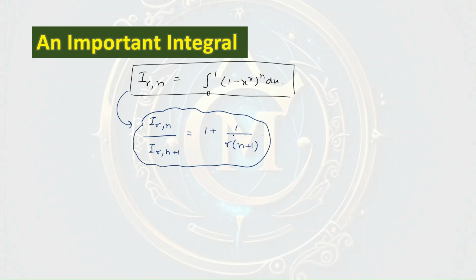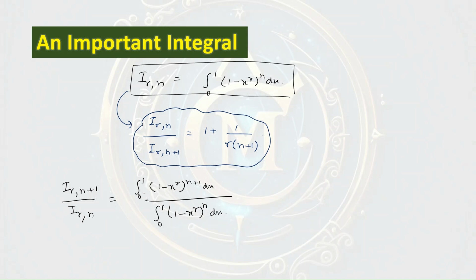Now, how will you derive this formula? The derivation is simple. You can take I of r comma n plus 1 divided by I of r comma n. This ratio will become integral 0 to 1 of (1 minus x to the power r) whole to the power n plus 1 dx divided by integral 0 to 1 of (1 minus x to the power r) whole to the power n dx.